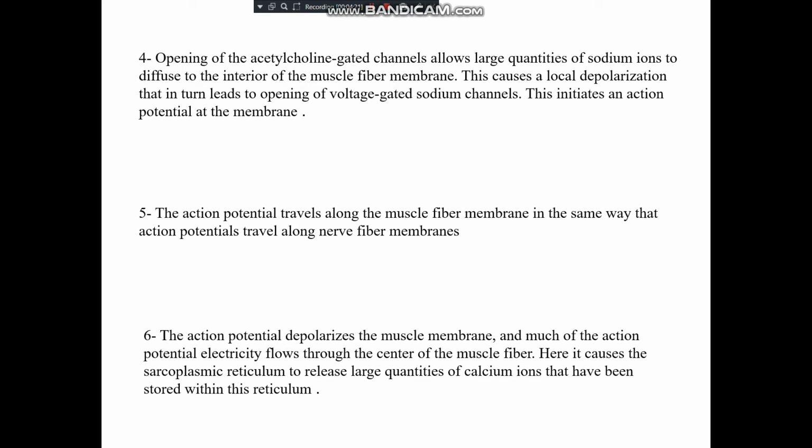Once the channels are opened, this initiates the action potential at the membrane. Once this action potential is generated, it always travels along the muscle fiber in one direction, the same way it travels in nerves.